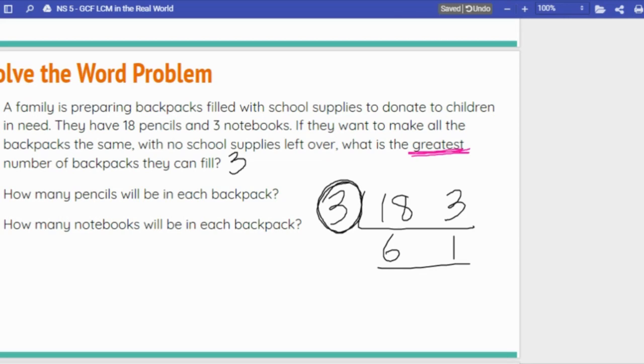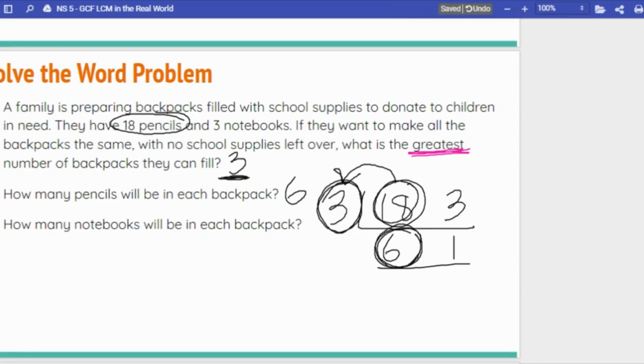Now, it's asking how many pencils will be in each backpack. Well, if I look up here, I had 18 pencils, and I'm putting them in 3 backpacks. So over here, 18 pencils, put in 3 backpacks, gives me how many in each? 6, because 18 divided by 3 is 6.